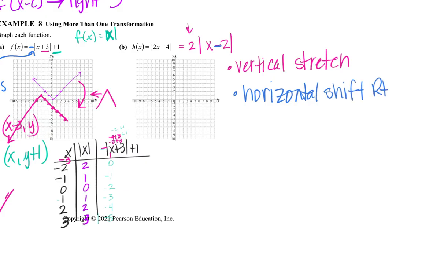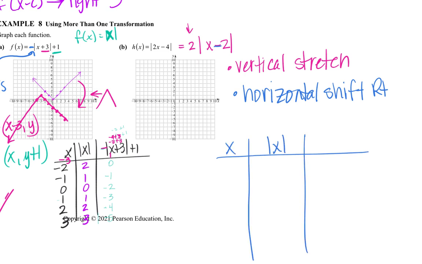All right, so if I create my table here, we have x, absolute value of x, and 2 absolute value of x minus 2. Let's look at creating a table for this function.